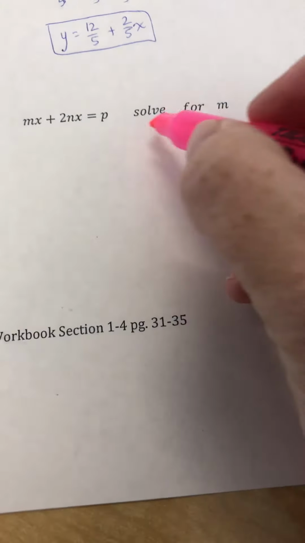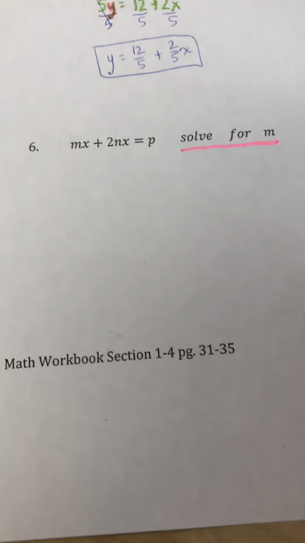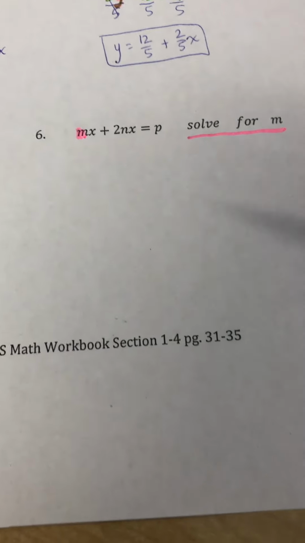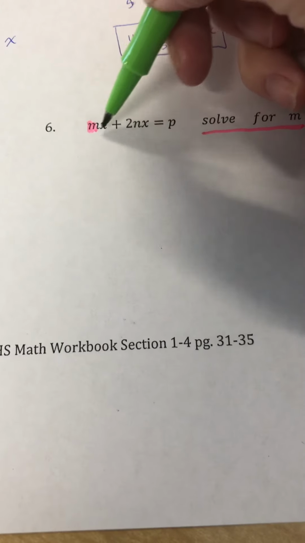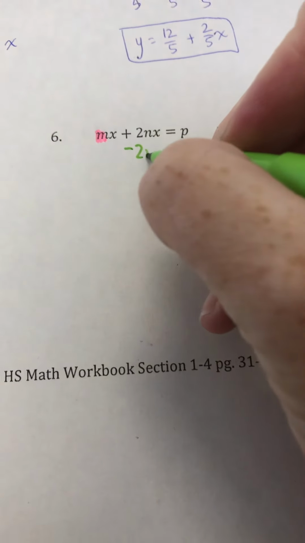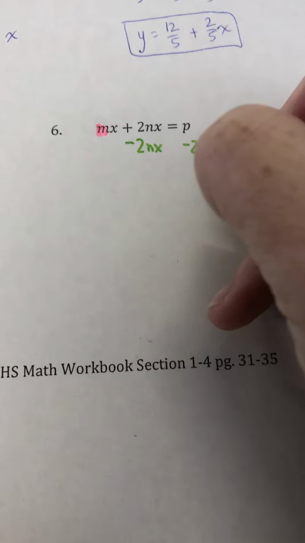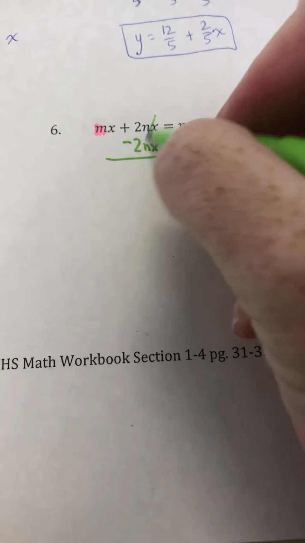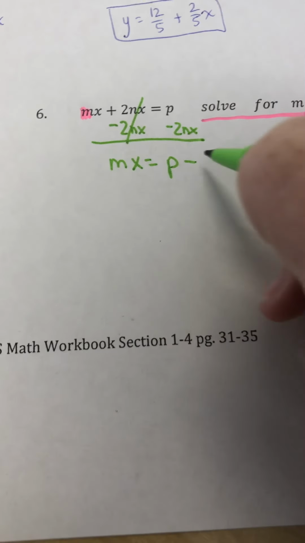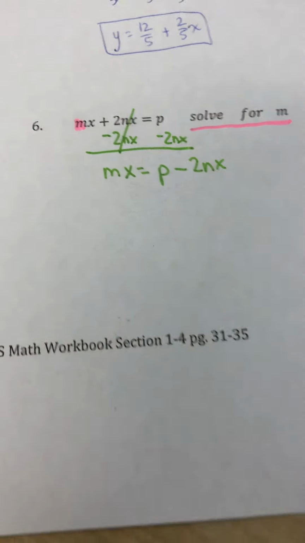Lots of letters. Let's look at it. We have solve for m. Here's m. So again, right here, this m times x, that's multiplied. It says plus 2nx. So I'm going to subtract 2nx to the other side. So I've got mx equals p minus 2nx.